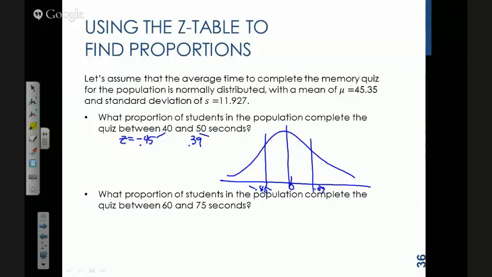So now what did you do after you found those Z-scores? You used the area in which column? The A column. So what was the A column for negative 0.45? And for the 0.39?